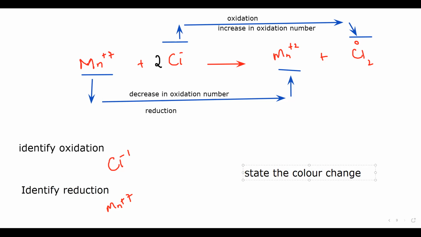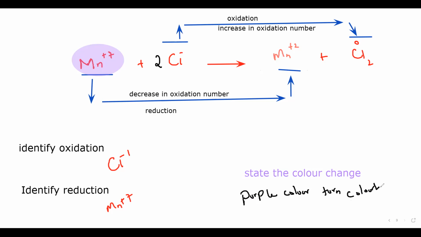We know that Mn plus 7 is purple in color, whereas Mn plus 2 is colorless. So what is the observation? What will we see when this reaction occurs? We will observe the purple color will turn colorless, or you can say the purple color will disappear.